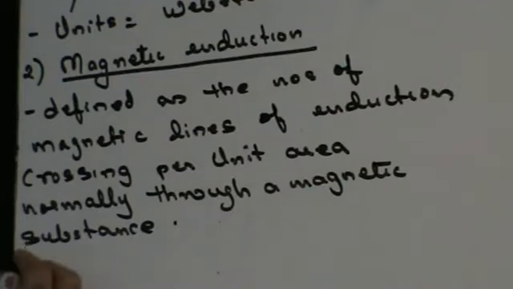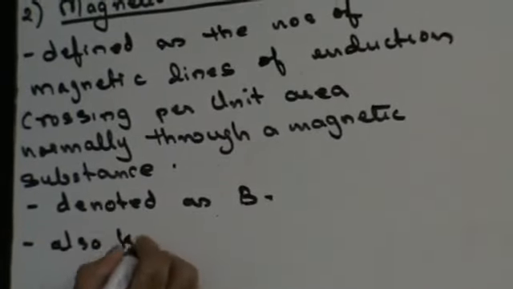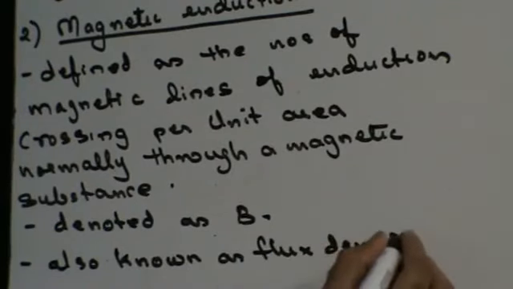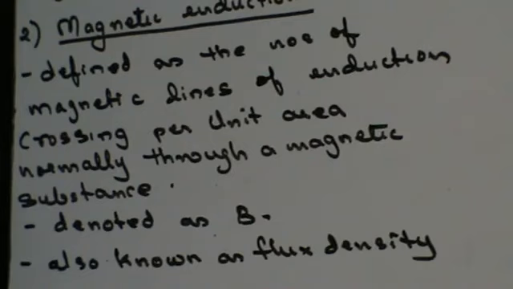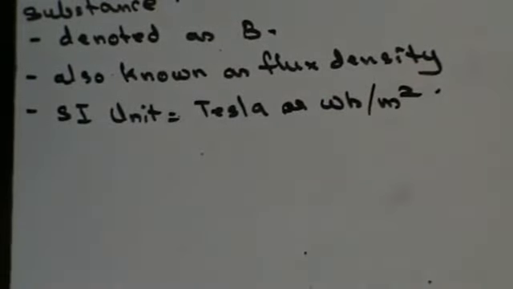Fine. It is denoted as B, magnetic induction, right? Magnetic induction is also known as flux density. The SI unit is Tesla, or Webers per meter square. That's my SI unit, right?